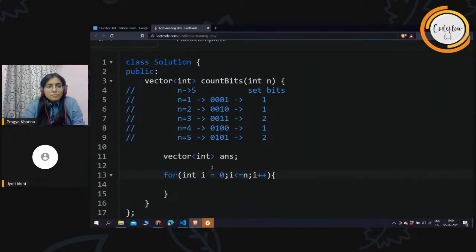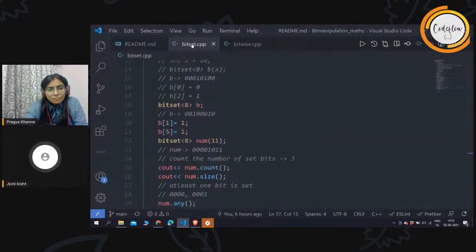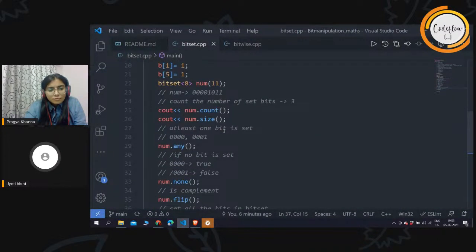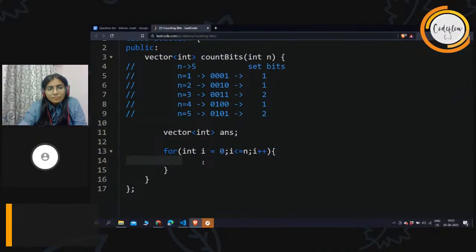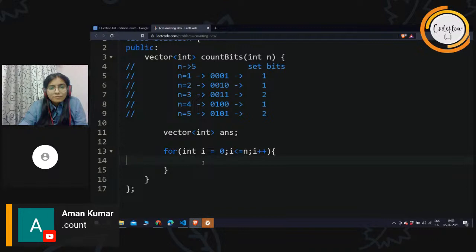Now, can you tell me what method we learned in Bitset that I can use to count the number of set bits, I mean, the number of ones in a number? Dot count, makes sense.